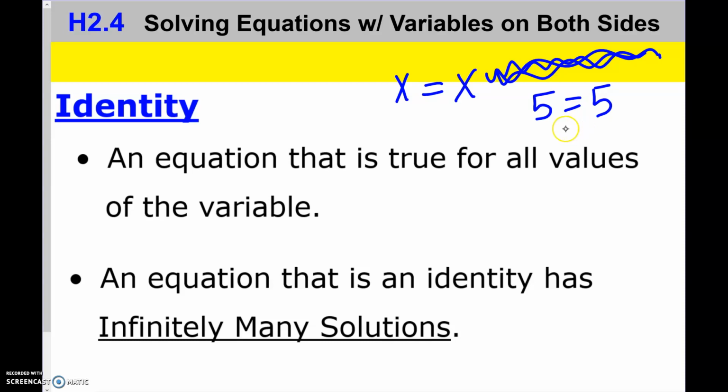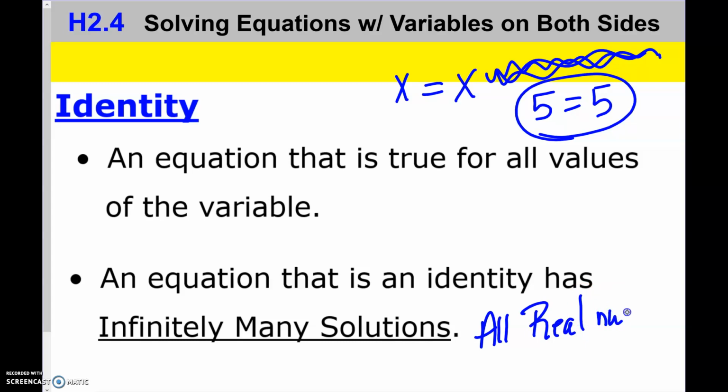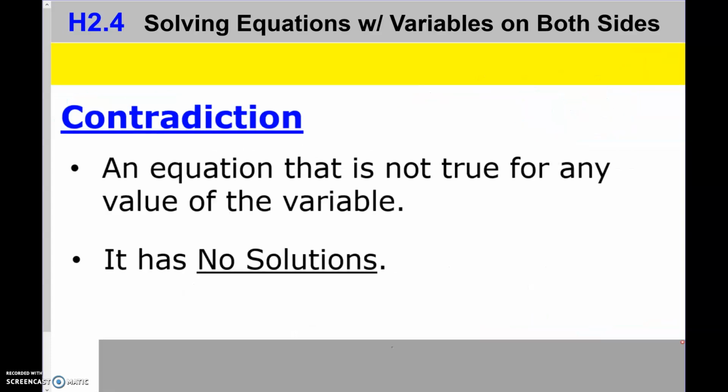We will end up with a true solution at the end. And when that happens, it means we have infinitely many solutions, or all real numbers is what I like to call it. All real numbers are going to work, which is the number system that we have been working with.